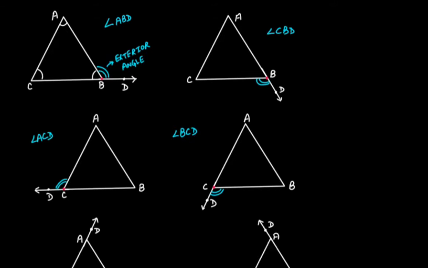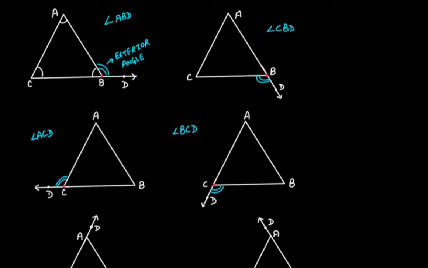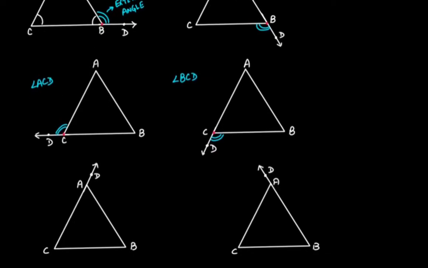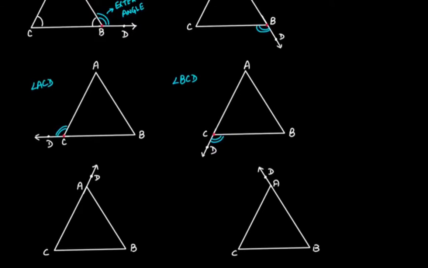Similarly, one more point, if we choose another vertex, that is vertex A in this case, when the side AC has been extended upward, this is an exterior angle, and when the side BA has been extended outside, this is the exterior angle.